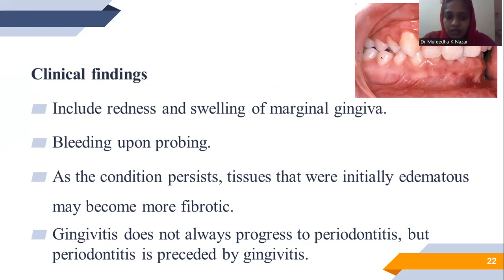If the gingivitis persists, the tissues that were initially soft and edematous can become more fibrotic. Gingivitis does not always progress to periodontitis, but periodontitis is always preceded by gingivitis.